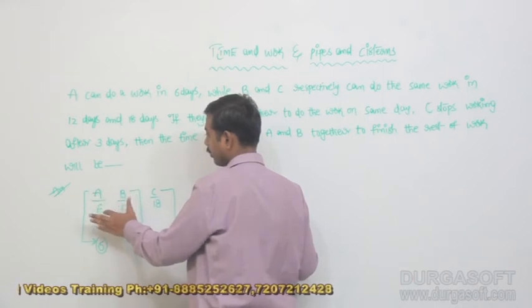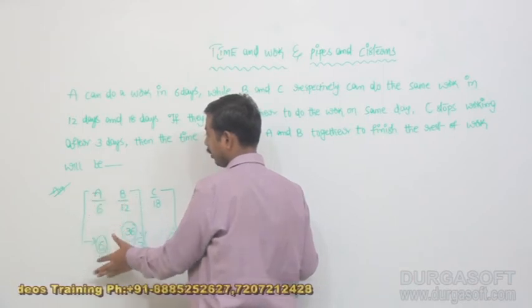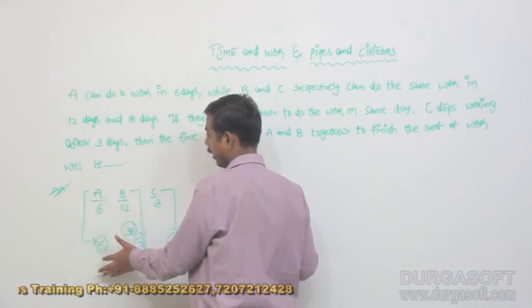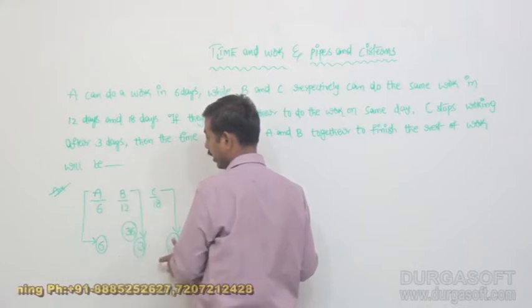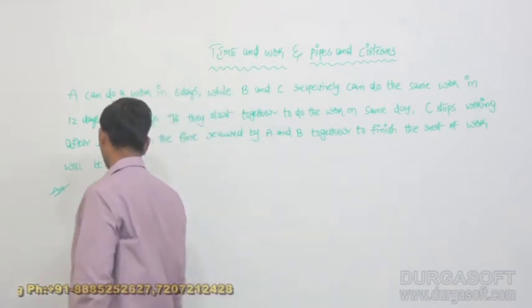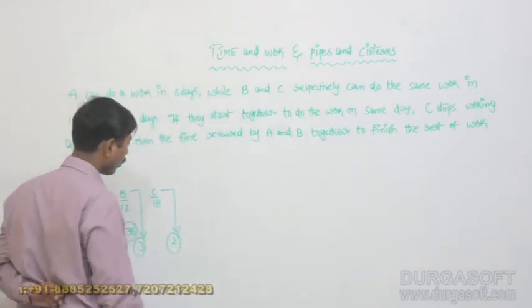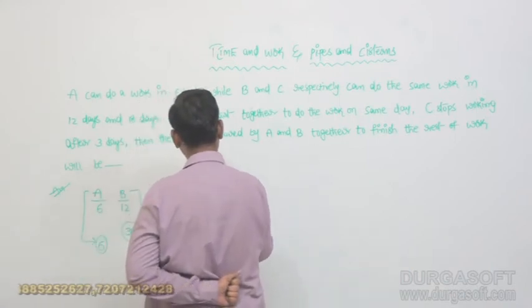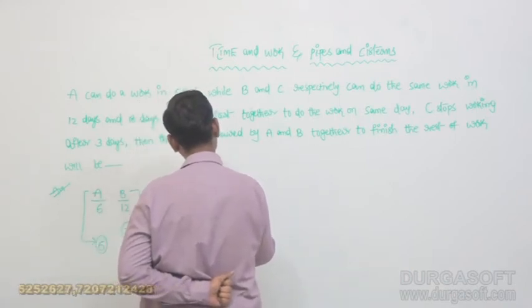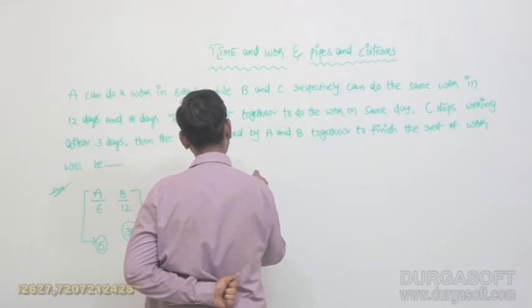A needs 6 days of a time, means in every day how many units of work only possible for A? 6. B how many units? 3. C how many units? 2 units. All together work for how many days into the task? All together started the work. These all together work for how many days?